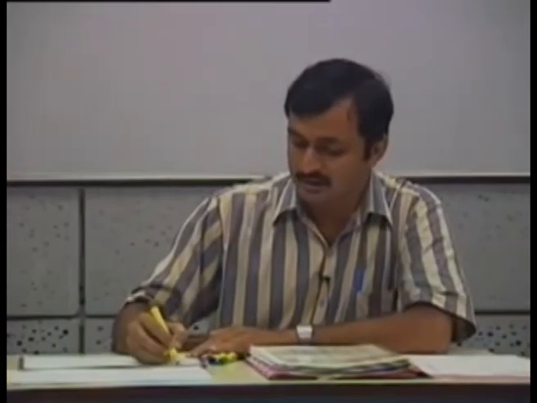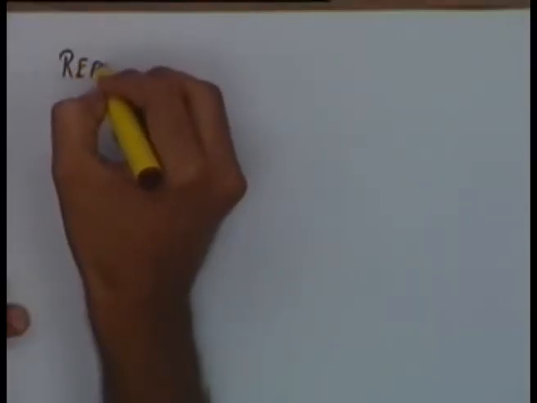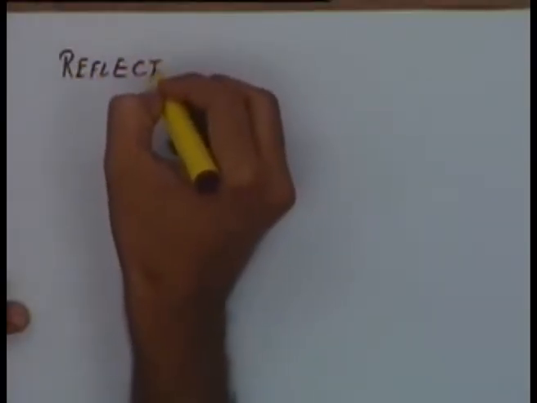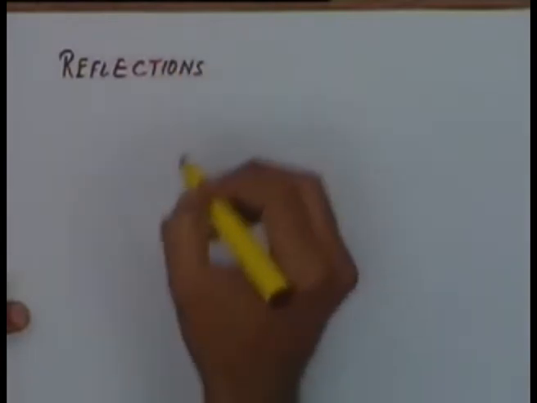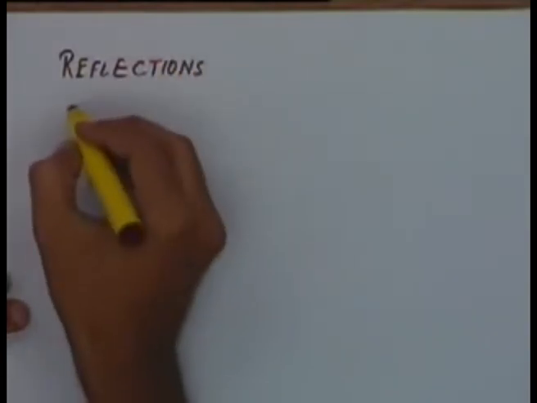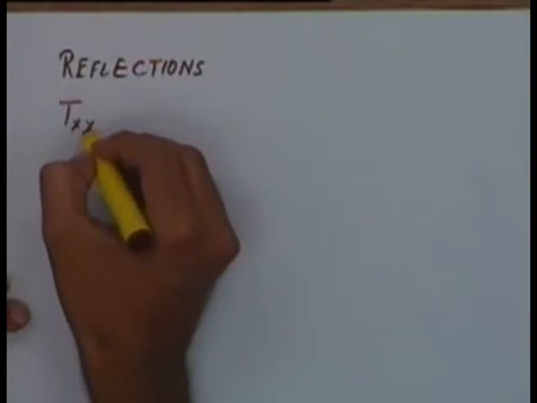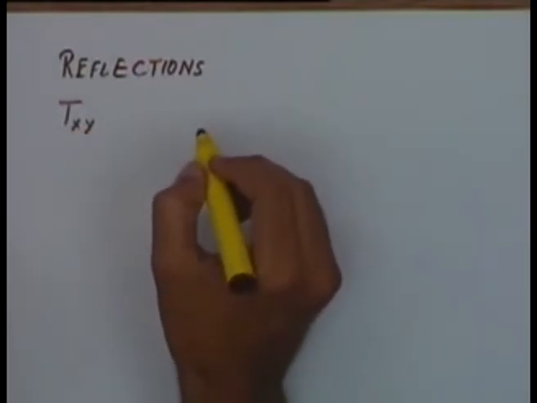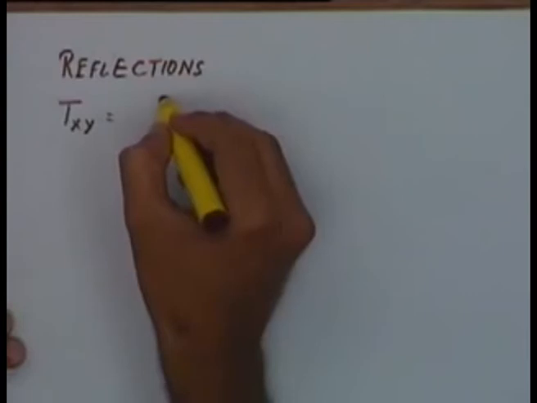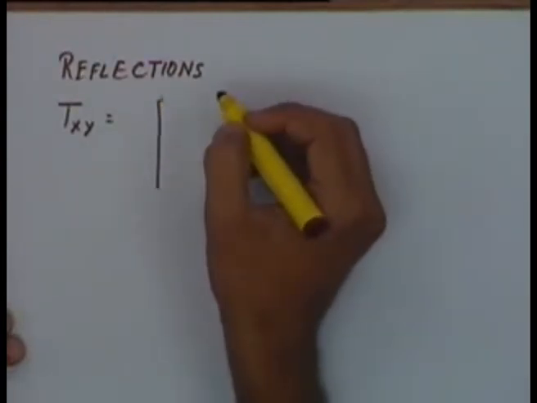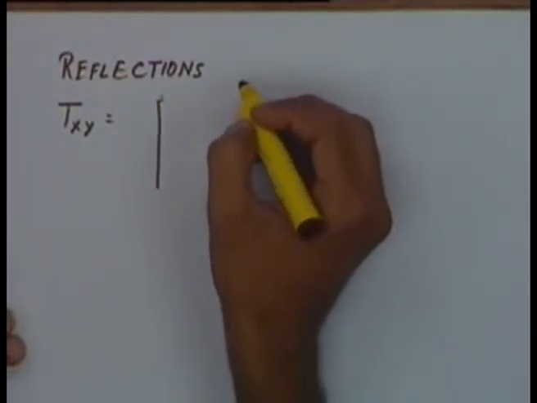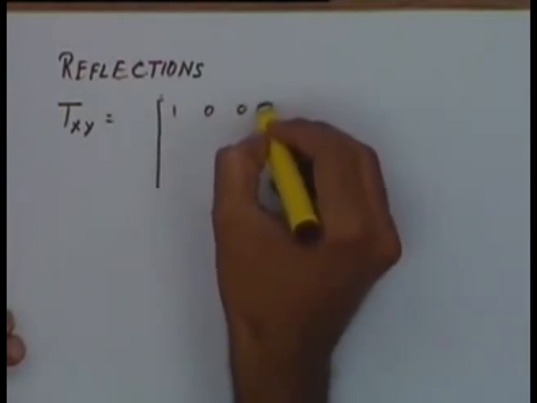The first is reflections. If you want to reflect about the xy plane, what will happen? The z value will become negative. The rest will remain the same.